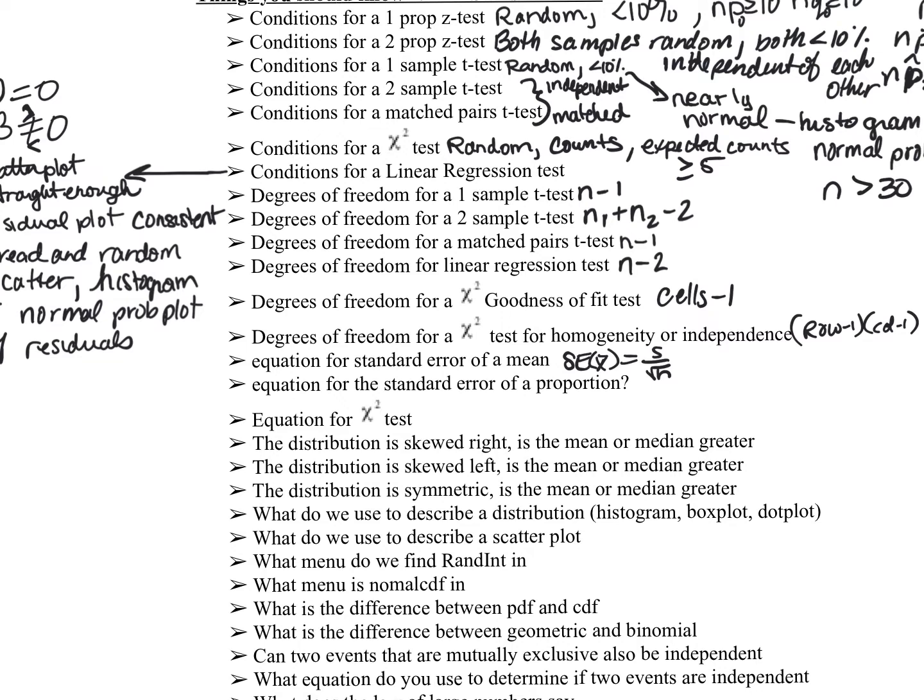It's standard deviation when we use sigma. Anytime it says standard error, it's always S, or p hat, because we're calling it an error, a standard error, because we're using the estimate we have from our sample instead of the population information. So the standard error of a proportion, Faith.